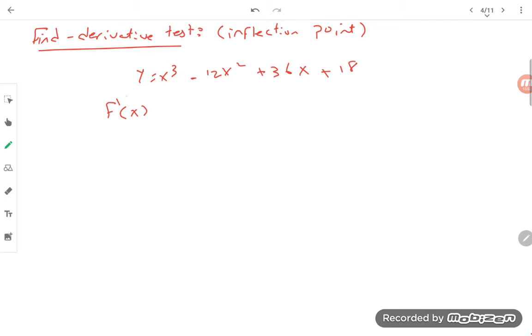This means the first derivative of y, or dy by dx. So it will be 3x squared minus 24x plus 36.